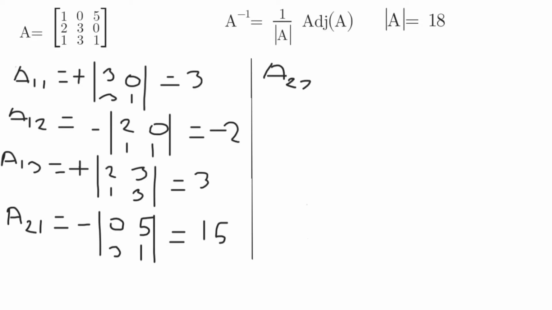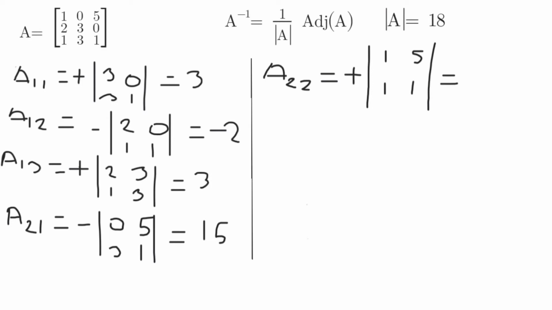A22 is positive. After cancelling the corresponding row and column, the remaining elements are 1, 5, 1 and 1.